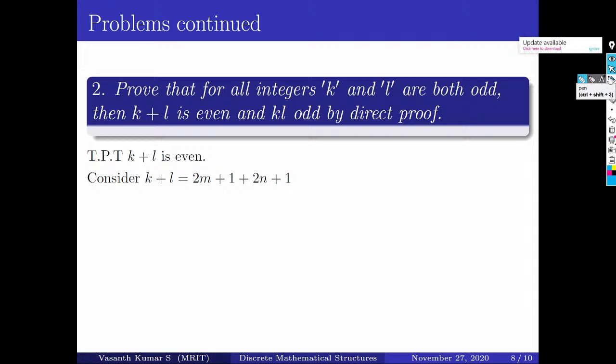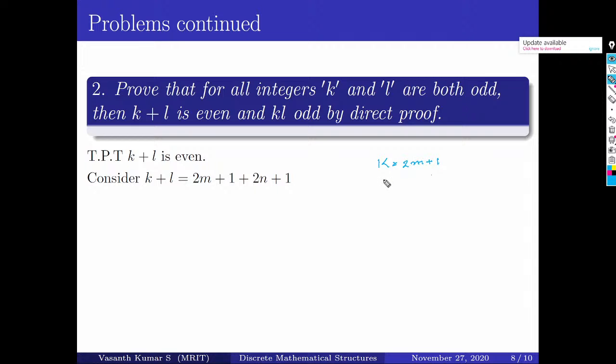since they have given that k is odd. So since k is an odd integer, it is defined as 2m plus 1.